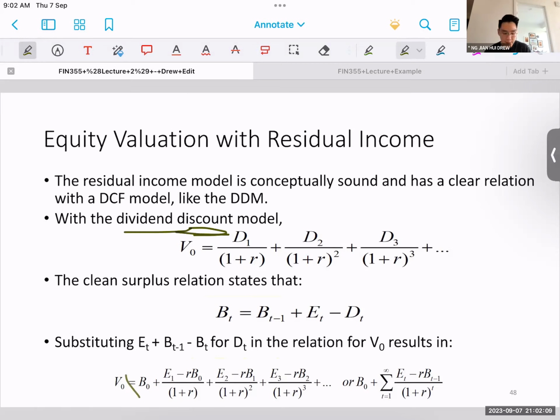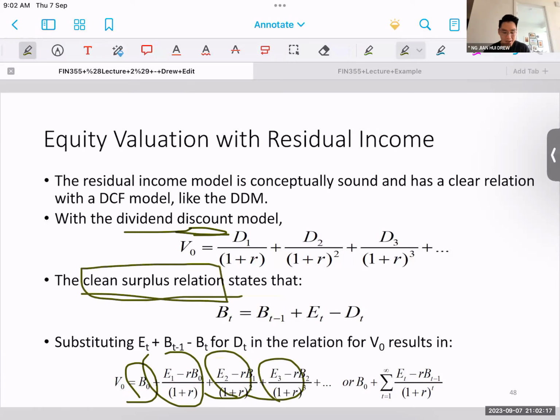You see book value, and then you discount all this using the same discount model. And you'll notice this clean surplus relationship, which is simply the accounting retained earnings model. B is the book value of equity, which is basically the retained earnings model that we have learned.